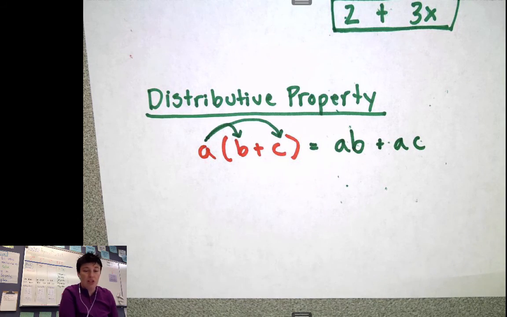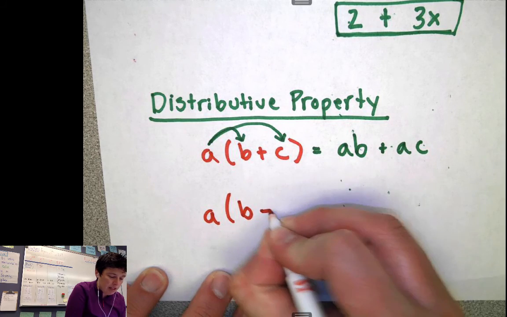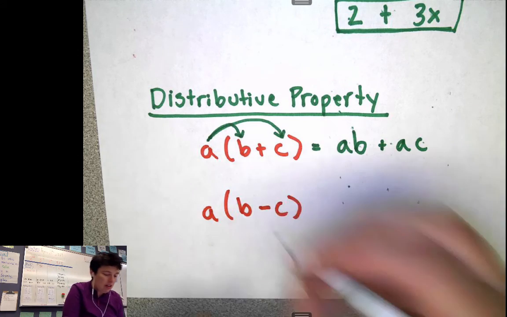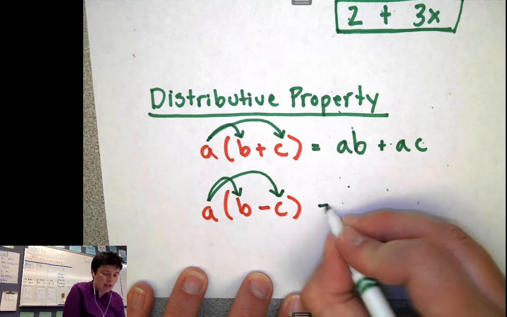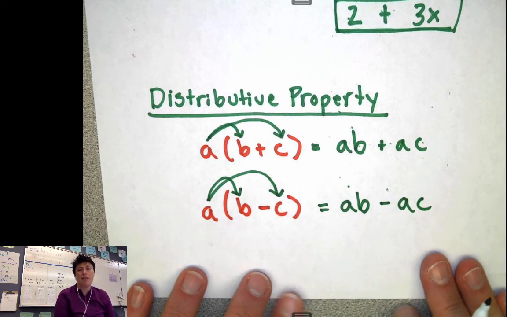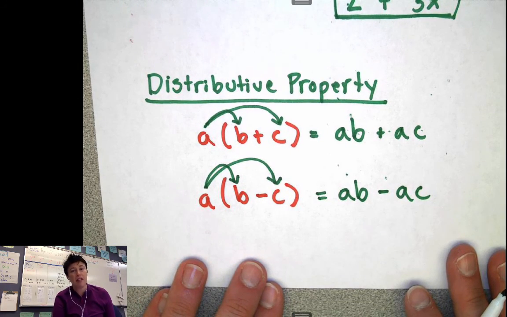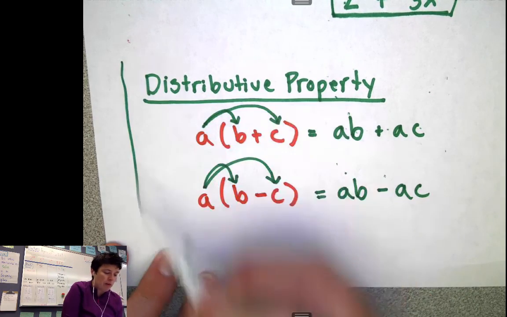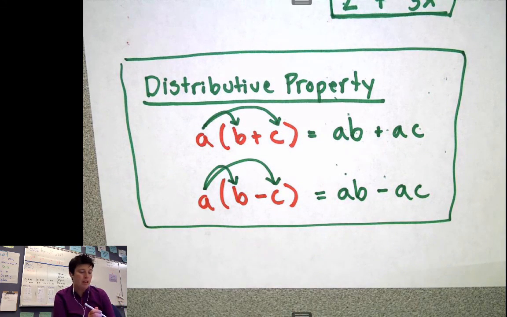Now, the only way we could change this is we could say, hey, it's A parentheses B minus C. Okay, well then my solution when I do my arrows is I'm going to do A times B, A times C, but I'm going to be subtracting: A times B minus A times C. Again, the ABCs represent anything. They could be numbers, they could be variables, they could be numbers and variables, they can be lots of different things. But that's what it's going to look like if you open up any kind of high school textbook. They'll show it real generically like that.